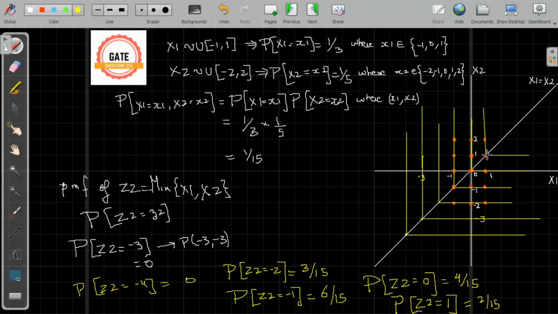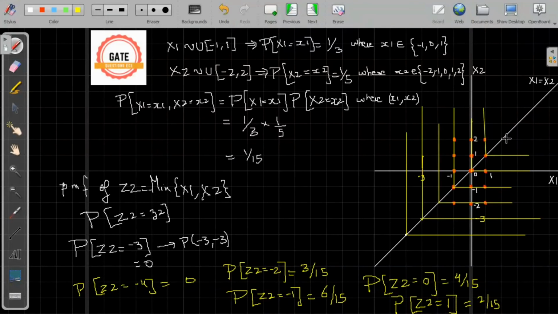You can see here that above this (1, 1) point on the x1 equal to x2 line, if I draw any other boundary for the minimum case with corner on x1 equal to x2, there will never be any overlapping between that boundary and these 15 points.